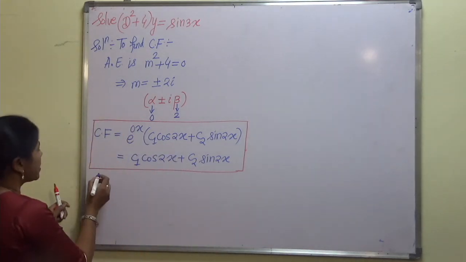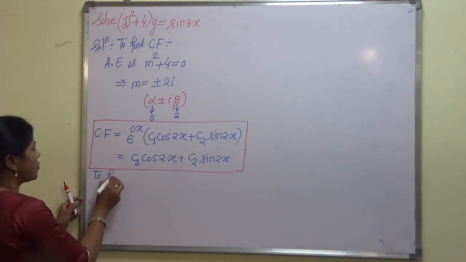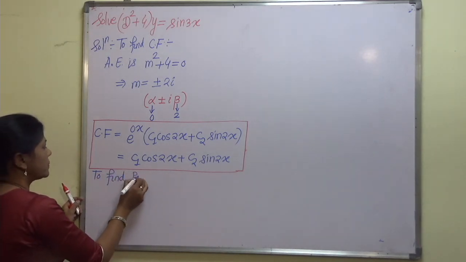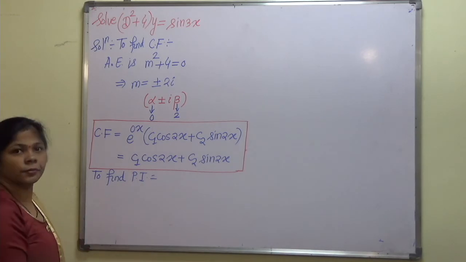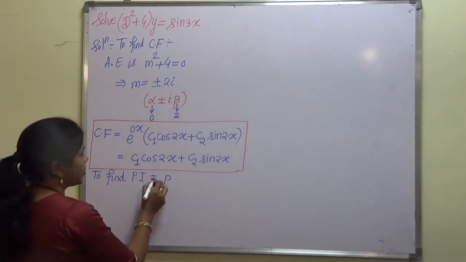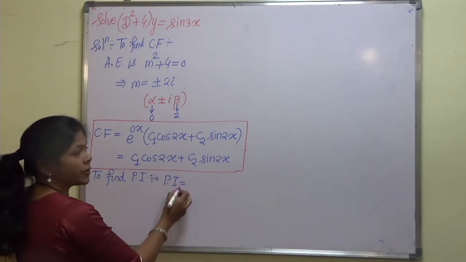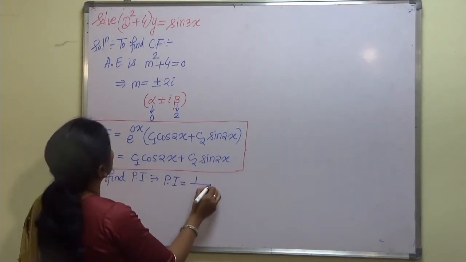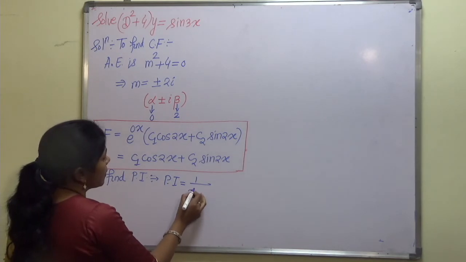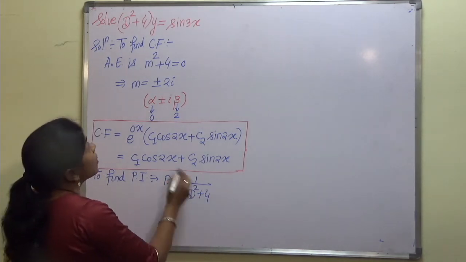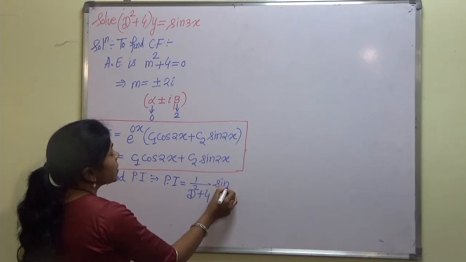Let us find the particular integral. According to the definition, the particular integral is equal to 1 upon D square plus 4 operating on sin 3x.